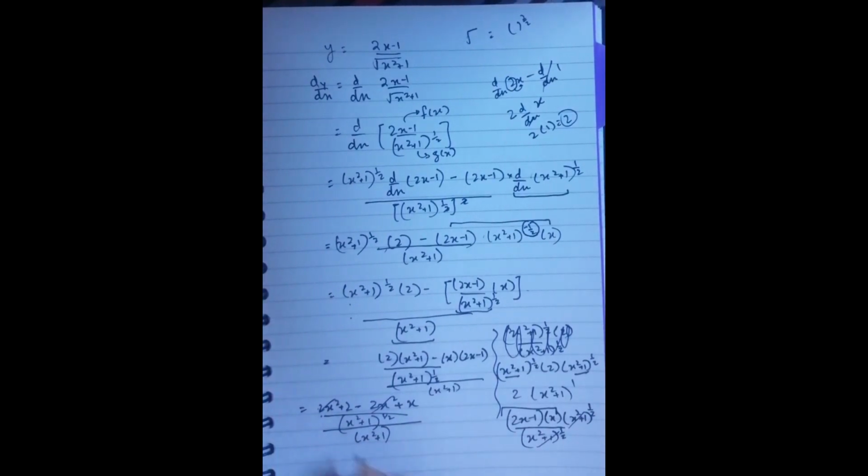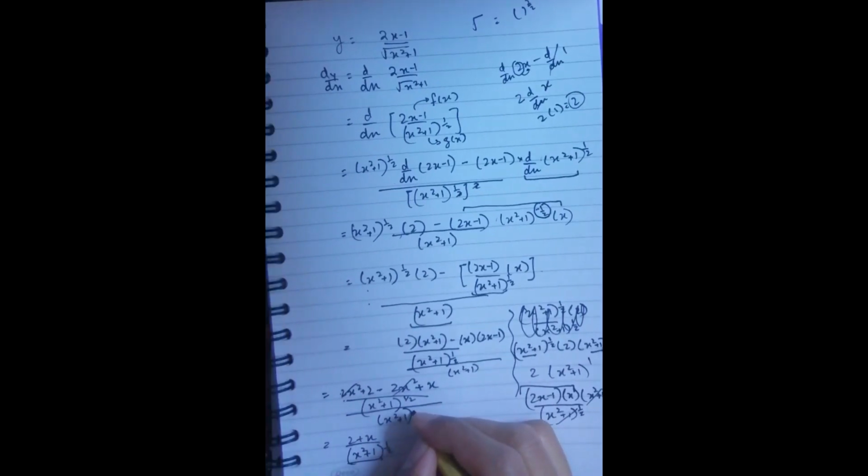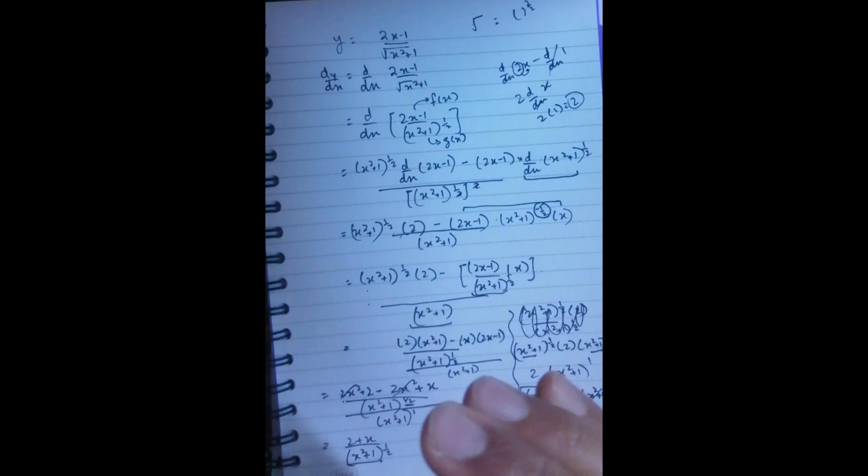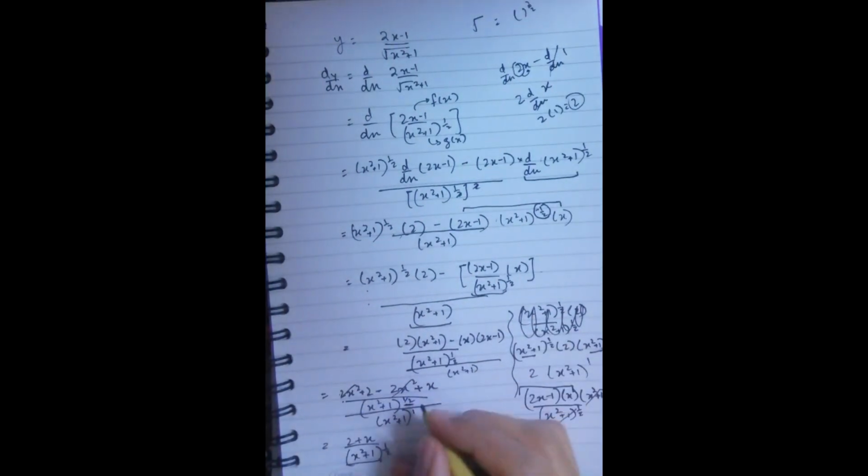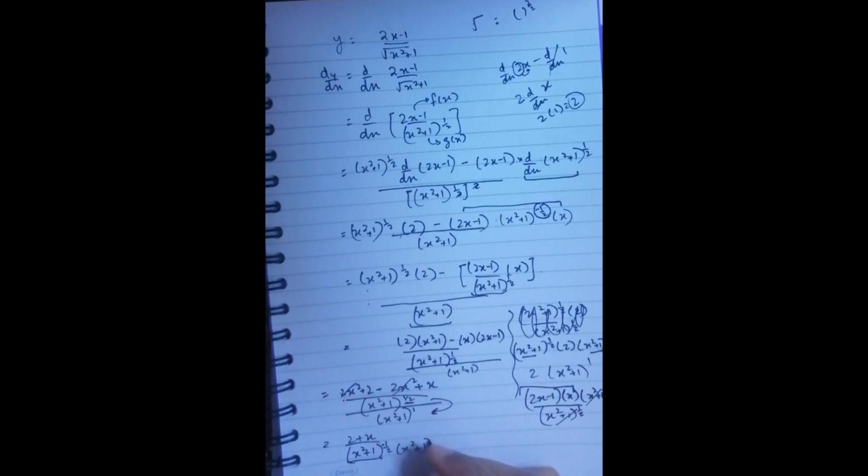Now what is remaining? 2 plus x over (x square plus 1) power 1 by 2, and this thing is actually (x square plus 1) power 1. I can multiply the denominator of the numerator by the actual denominator of the function. So it would go down and it would be negative, so (x square plus 1) power 1.